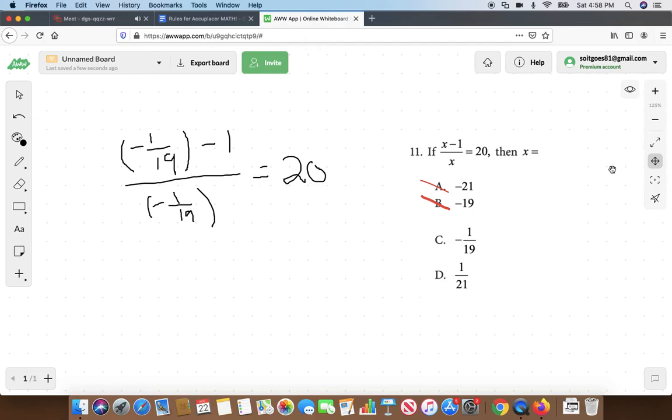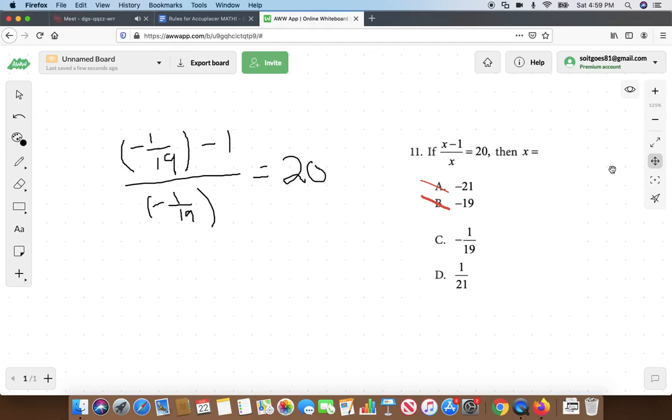We may. Here's my question. Is that going to be positive or negative on the left-hand side? I would say negative.